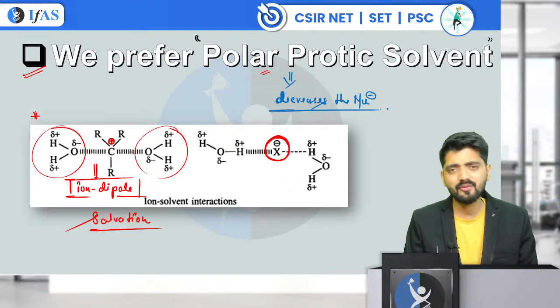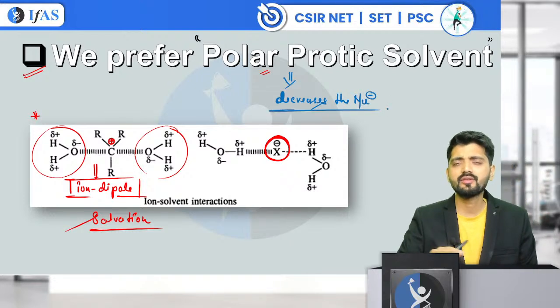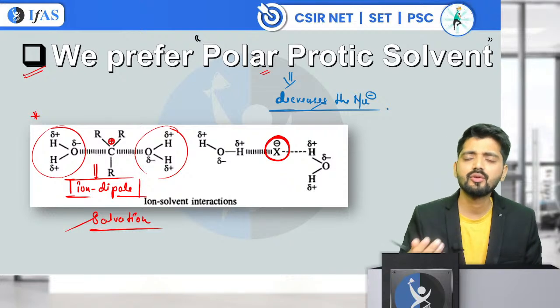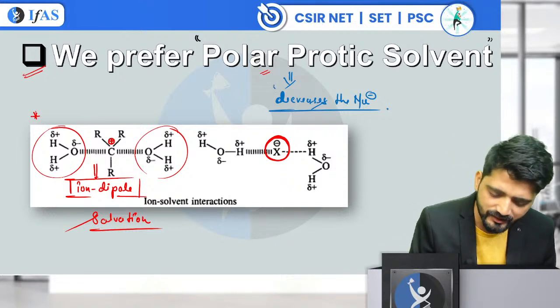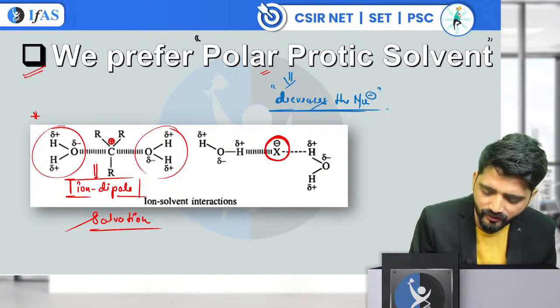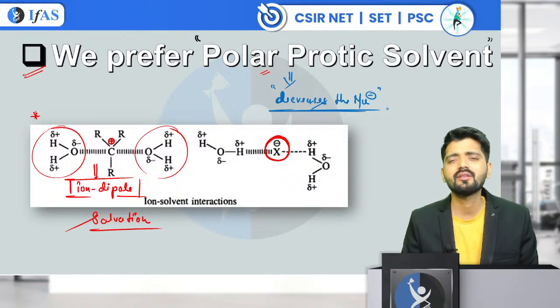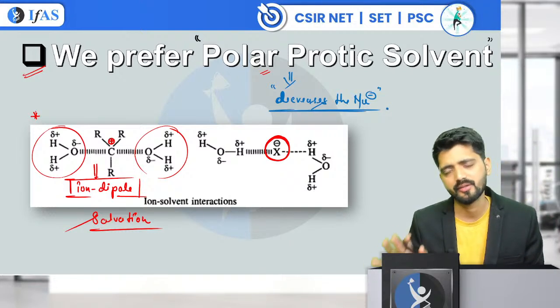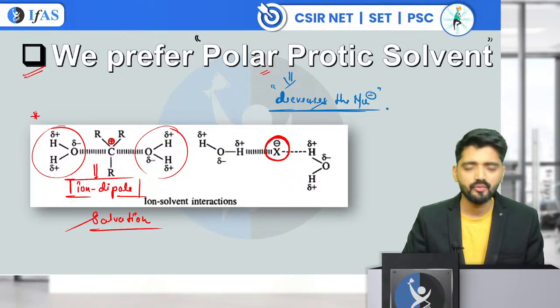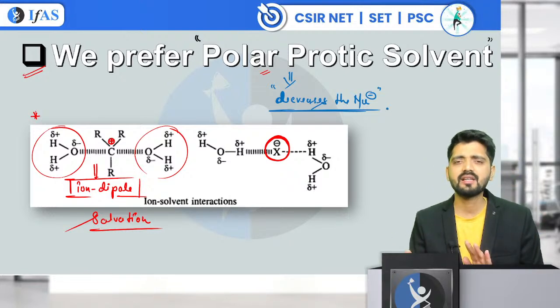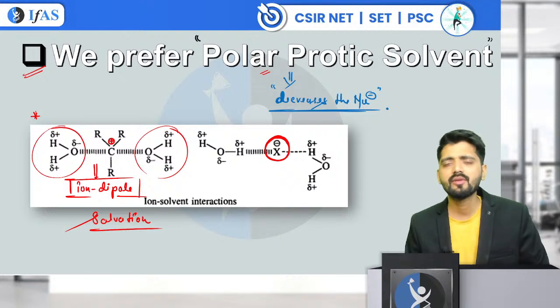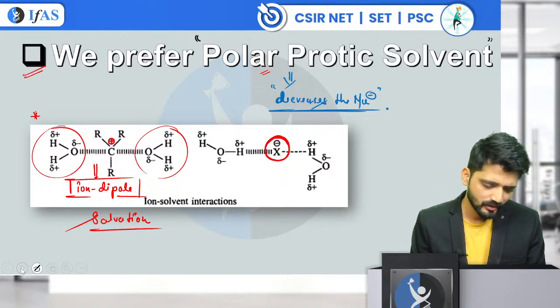But in an SN1 reaction, the nucleophilicity does not affect the rate. So this is also a plus side of an SN1 reaction: yes, the nucleophilicity will be decreased, but it is not going to affect the rate. Once we cover the SN2 reaction, we will compare SN1 and SN2 reactions. It will give us a better understanding.